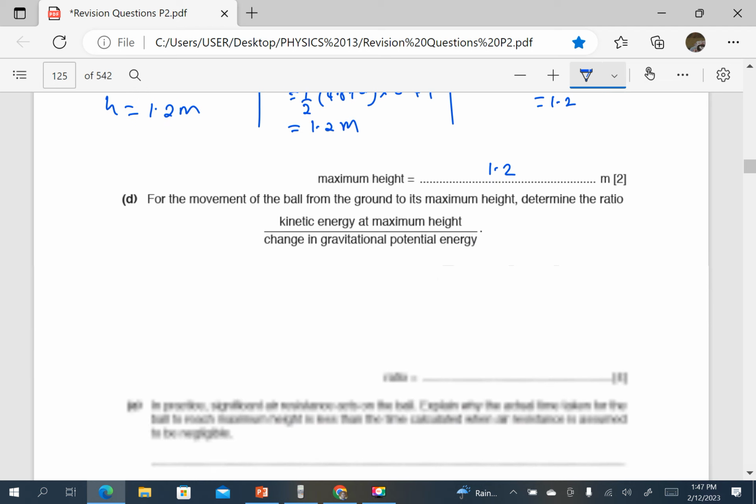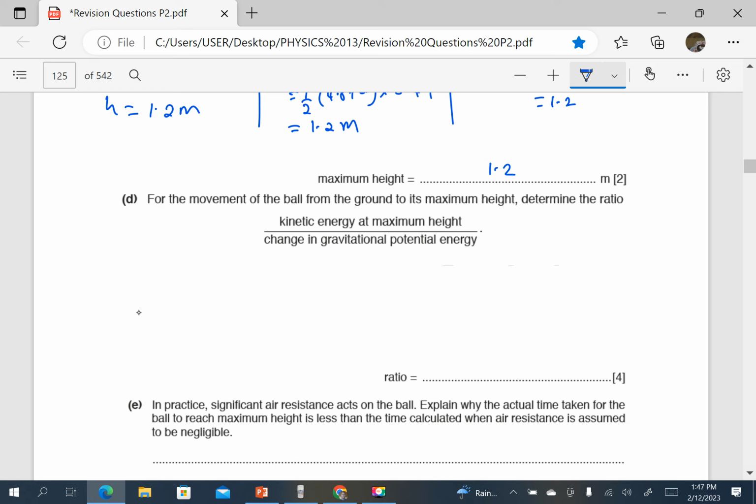For the movement of the ball from the ground to its maximum height, determine the ratio of kinetic energy at maximum height over change in gravitational potential energy. We have seen a similar question, and we know that at maximum height, the velocity is only the one in the horizontal. So V at maximum height is only V in the horizontal.